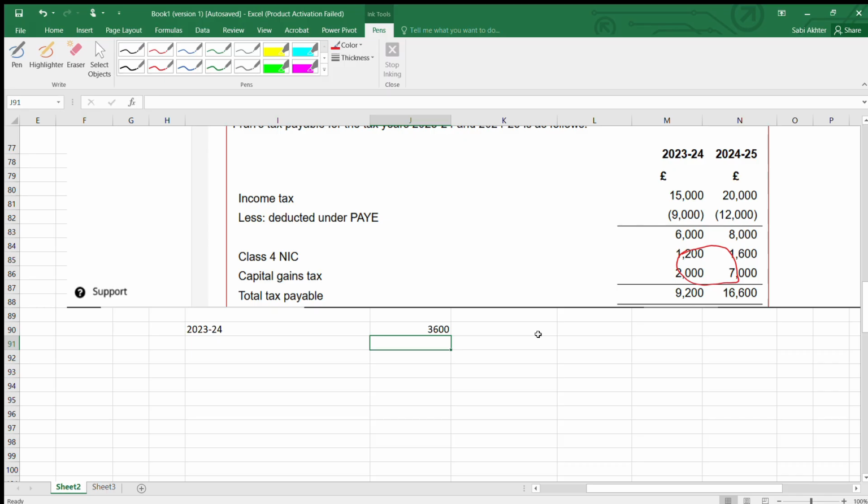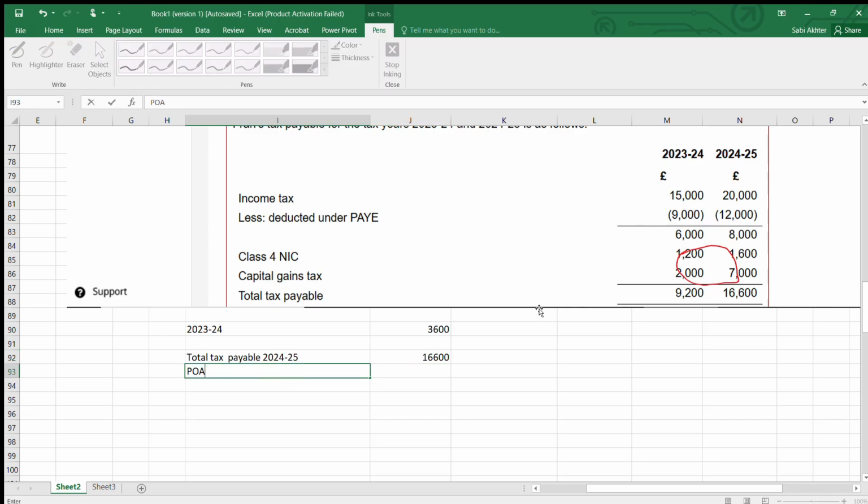Okay. But to find your balancing payment, your total tax payable for 2024-25, they have already given you, that is 16,600. From here we will be deducting the two payments on account.